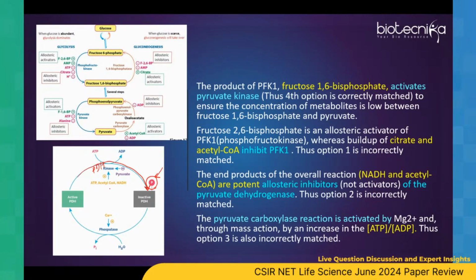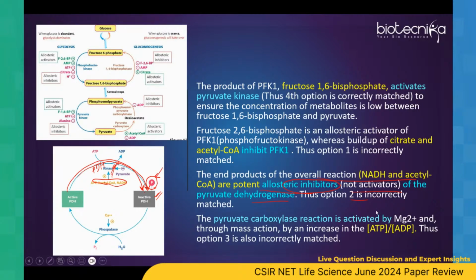So these are helping in inhibition, indirectly helping in inhibition. That's why the end products of the overall reaction are potent allosteric inhibitors, not activators. That is why even option 2 is not correct.